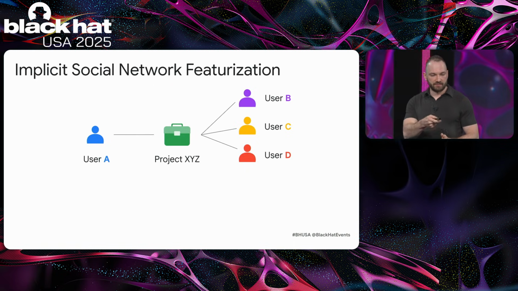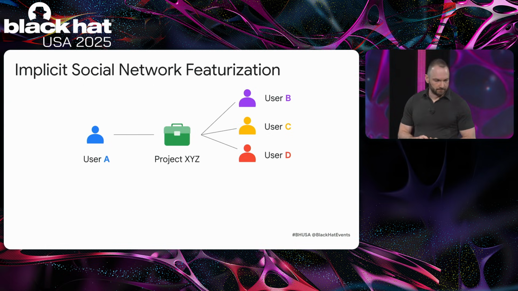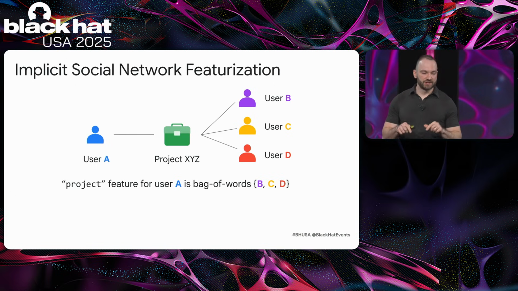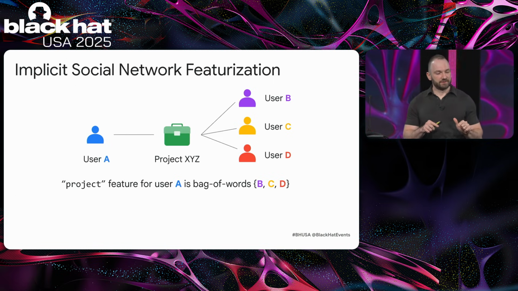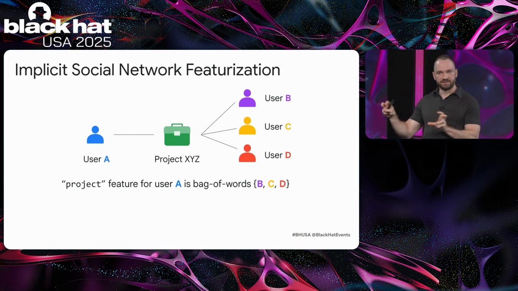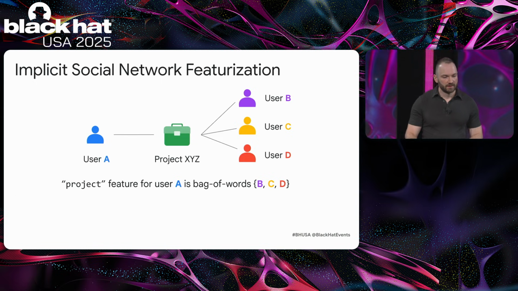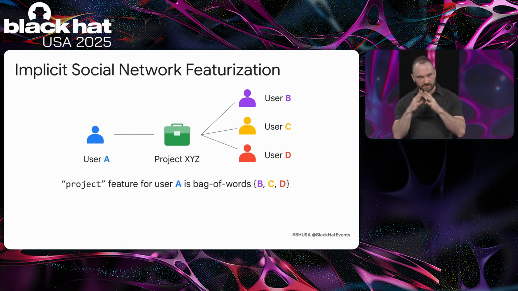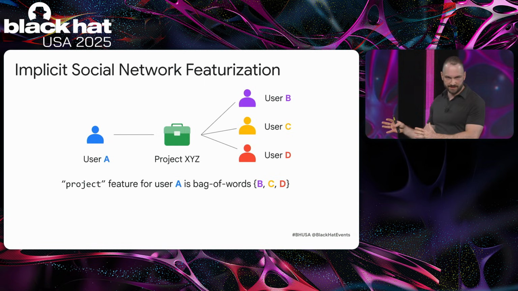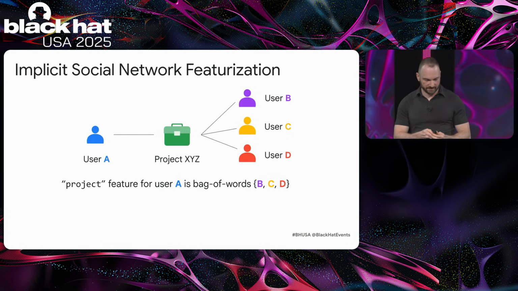So here we have B, C, and D, who are assigned to project XYZ. And I think at this point you guessed it, the project feature for user A is going to be the bag of words that corresponds to the user IDs of B, C, and D. So the project feature for user A will simply be B, C, and D, just a set as previously.